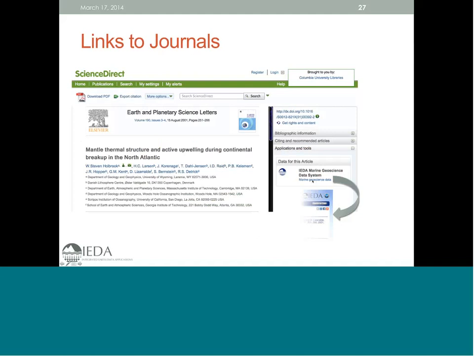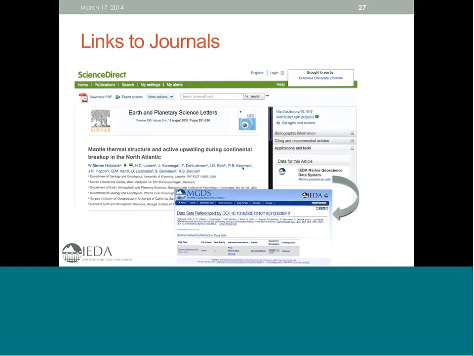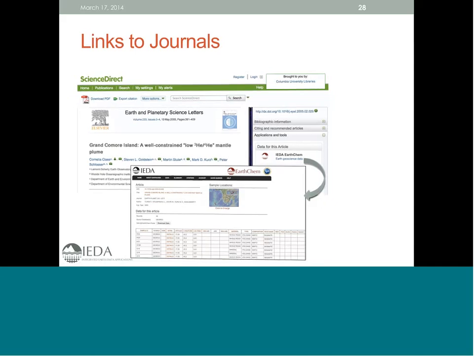When you click on the link here, you go straight to the data set that is relevant for this particular article. Same thing is true for geochemical data here. It would show IEDA, EarthChem. You click on it, and you go to a data table that shows the data from this particular article.